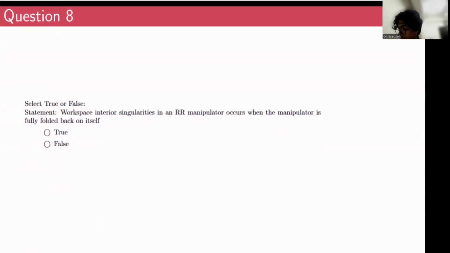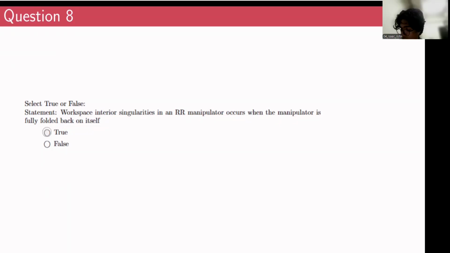Question 8. It's a true or false question. Workspace interior singularities in an RR manipulator occur when the manipulator is fully folded back on itself. Is it true or false?